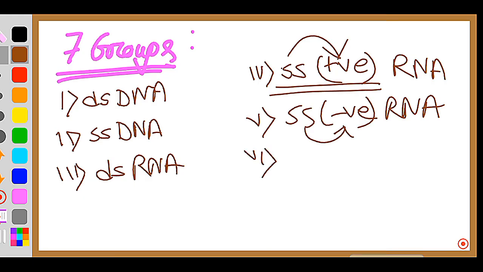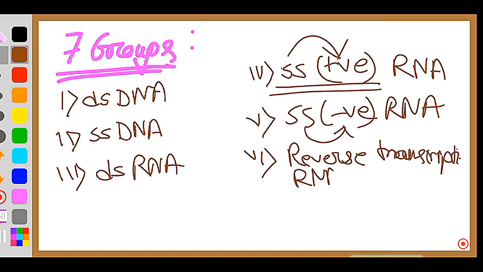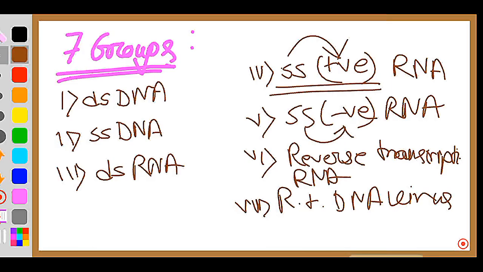Now group number 6, reverse transcriptional RNA viruses, and group 7, reverse transcriptional DNA viruses.